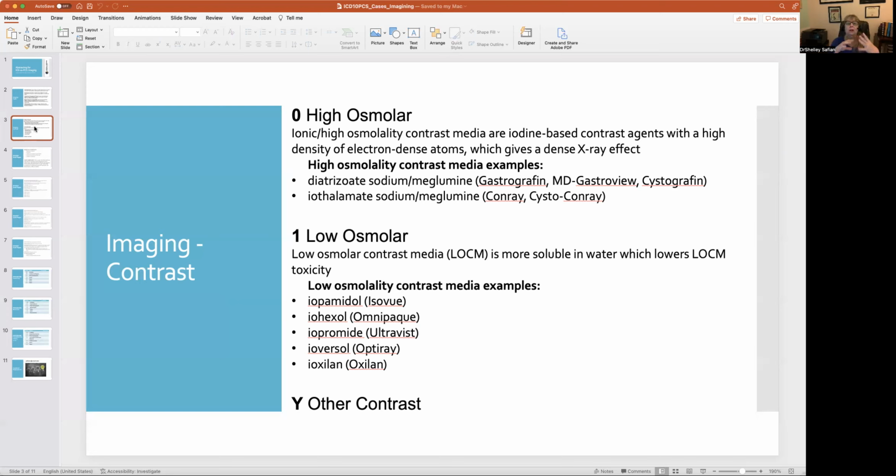Okay, so let's look at high osmolar and low osmolar because these are things that we can address. You can look in and see what contrast media was specifically used. Now, knowing this, if it's not already happening, you can make sure that your imaging techs and imaging department understand that this needs to be specifically in the documentation.